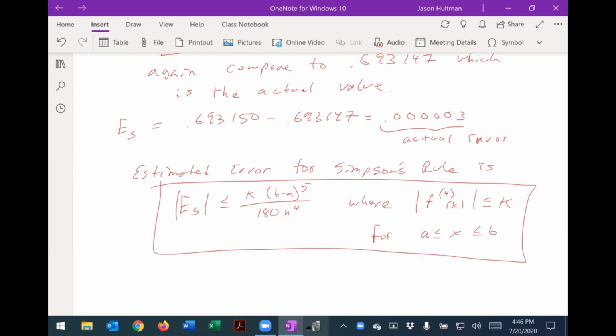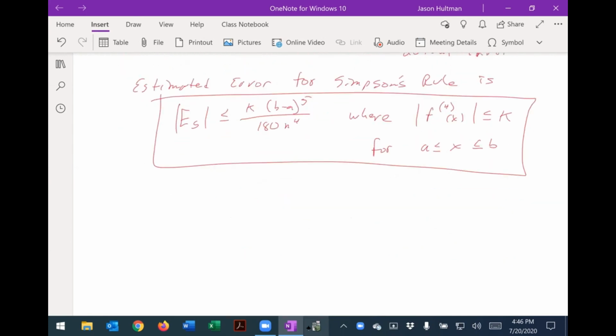So let's go ahead and calculate that. What is the upper bound on my error for this one? Let's look at K in this case.